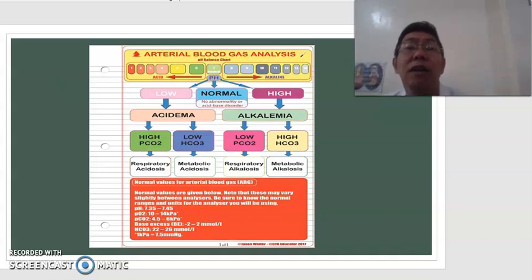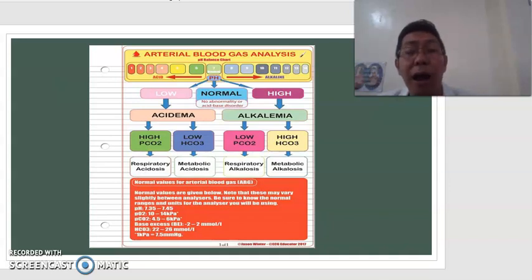So I think you have finished this in your lecture NCM 112. Of course, you know already when you have to consider acidosis and alkalosis. When the PCO2 is high, it's acidic. When the bicarb is low, that will be acidosis, and we put there metabolic.